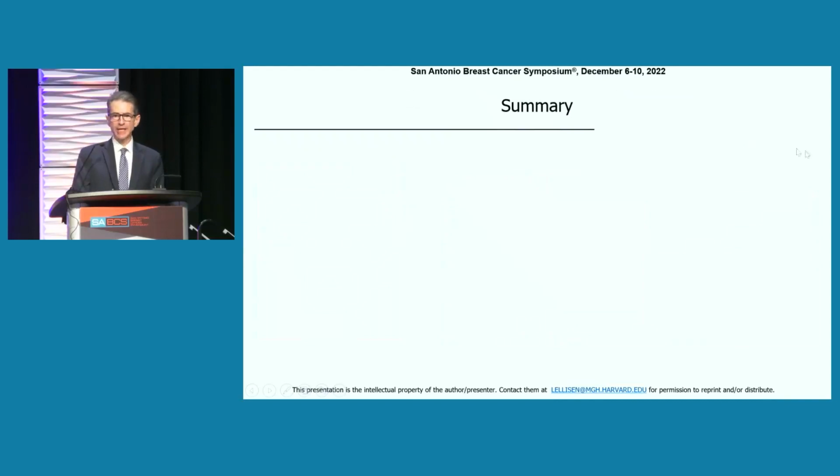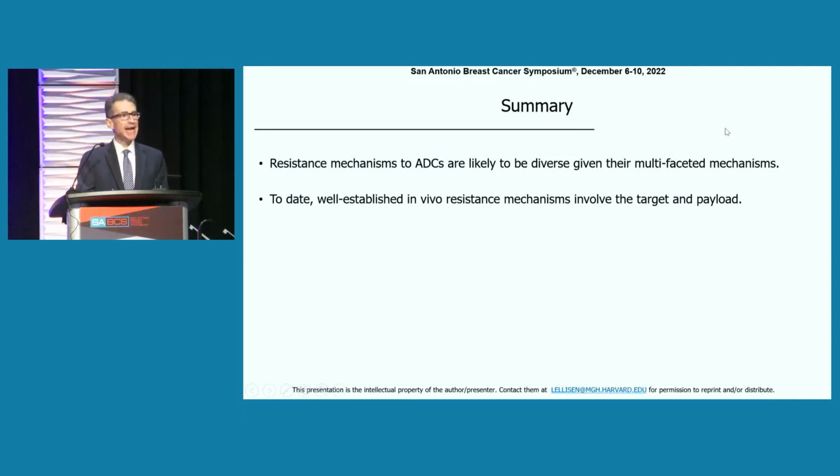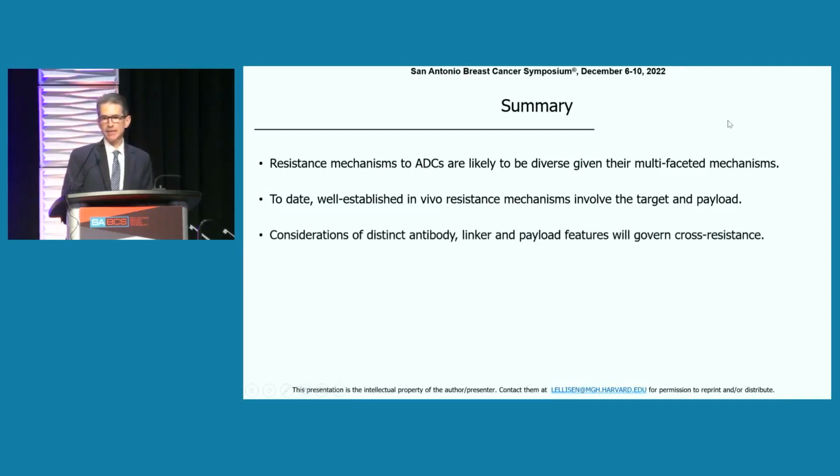So finally, to summarize the points that I've told you, resistance mechanisms to ADCs are likely to be diverse given their multifaceted mechanisms. To date, the well-established in vivo mechanisms involve primarily the target and the cytotoxic payload. Considerations of distinct antibody, linker, and payload features will govern cross-resistance and govern how we do sequencing of ADCs.